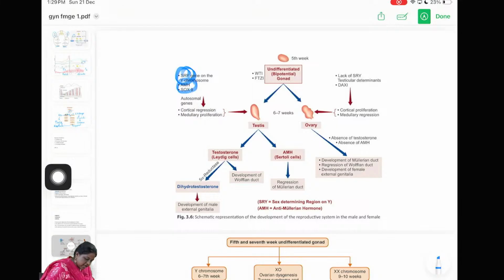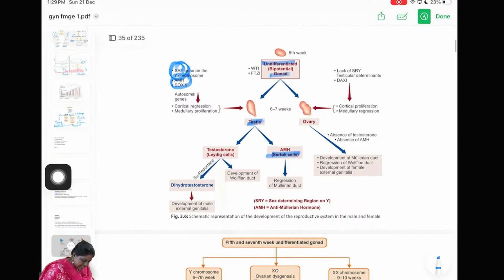Both these things are going to convert the undifferentiated gonad into the testis. From the testis, there are going to be Sertoli cells and Leydig cells. Sertoli cells will result in sperm production and Leydig cells will give you testosterone.